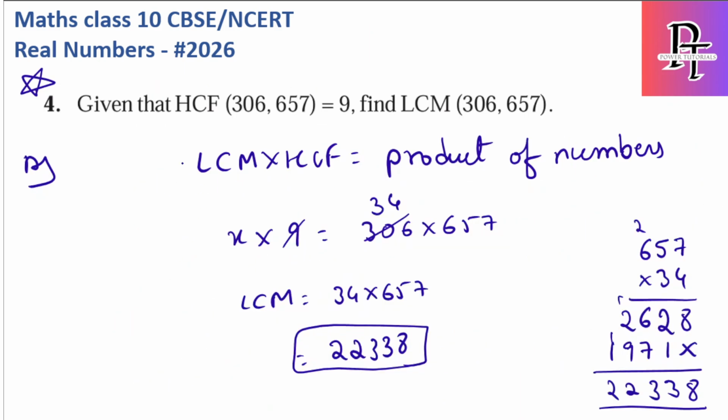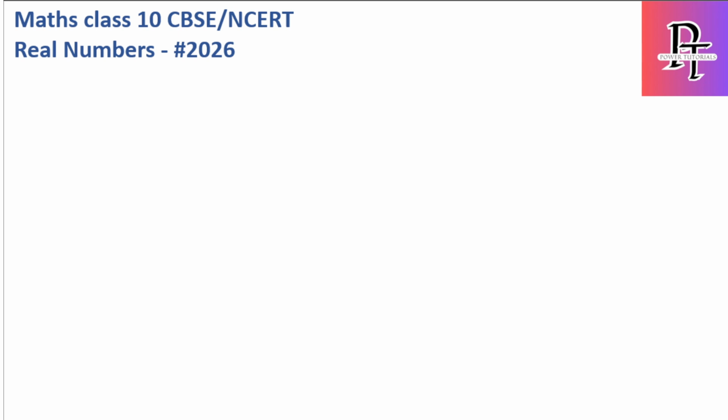Okay, we'll solve the same. 306 and 657. HCF of 306 and 657.